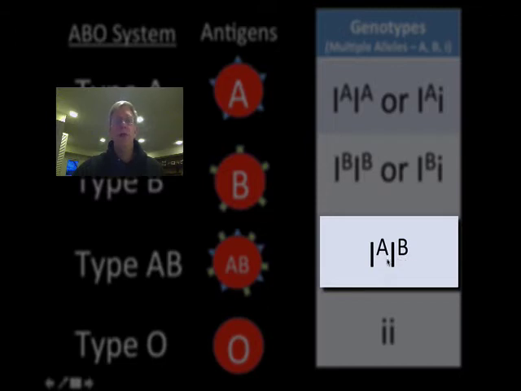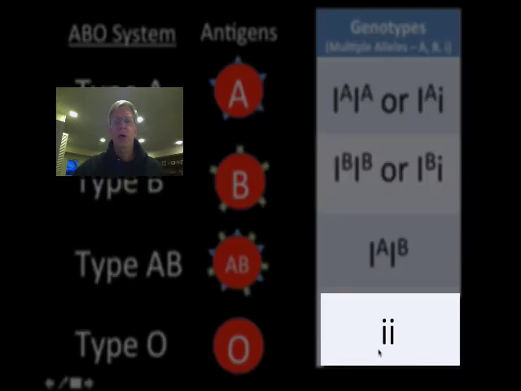This is an example of codominance, where both alleles express themselves. And it's also possible that one parent could give their child the recessive allele for no antigen, and likewise for the other parent, which would result in the child having type O blood, which means there would be no antigens on the red blood cell surface at all.